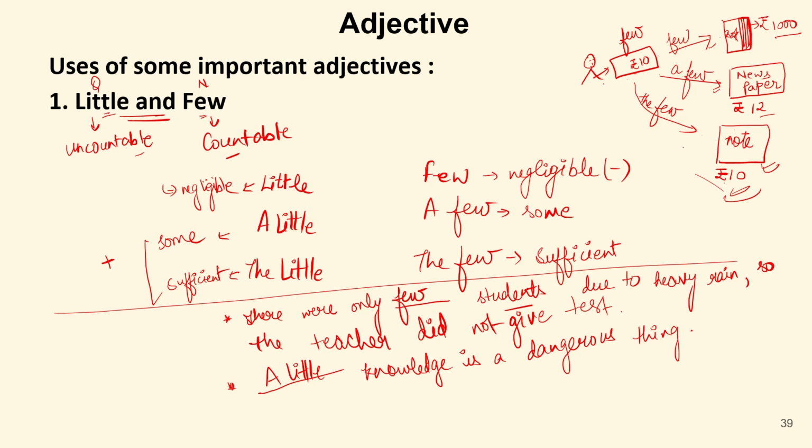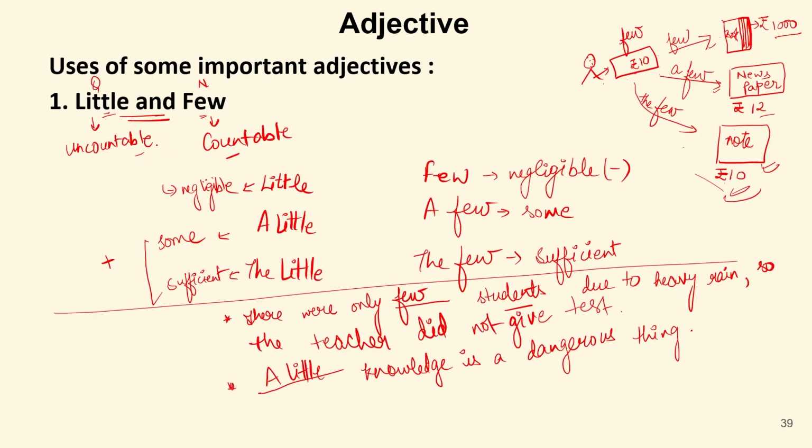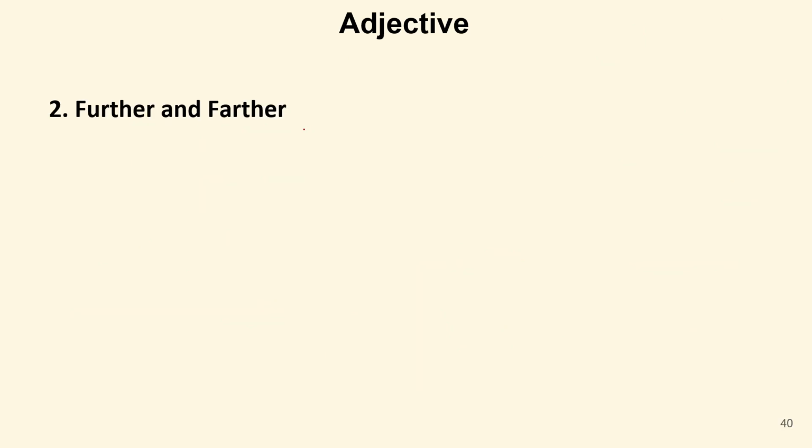So now let's move to other types of adjectives, that is further and farther. So now here we'll use further and farther. Further is used to state something additional, and farther is used to show the distance.